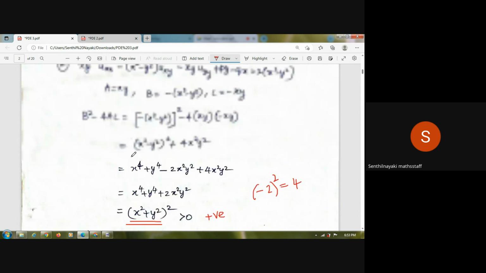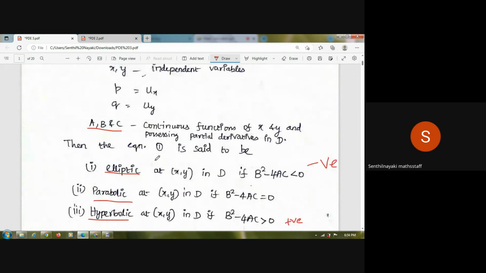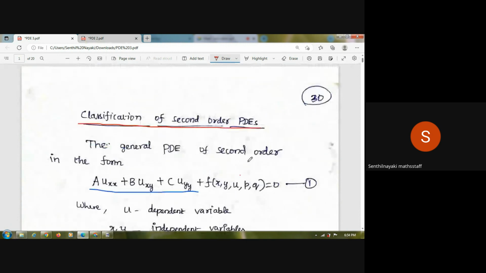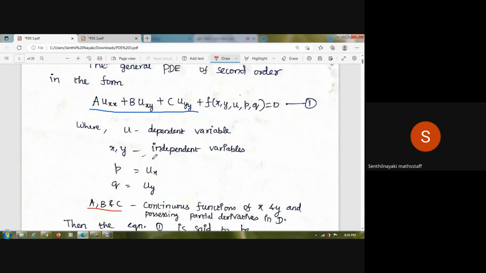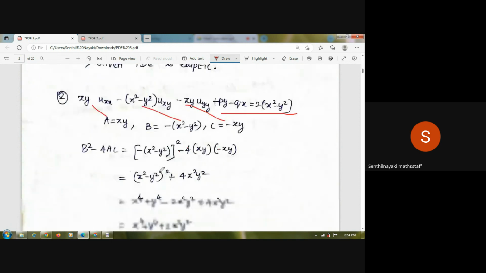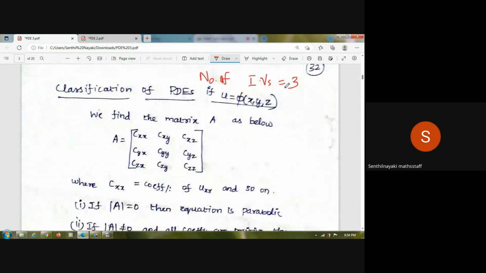In the earlier case, the number of independent variables is 2, so the independent variables are only 2, and only then can we use the previous method. Suppose the number of independent variables is 3, then we use this method.